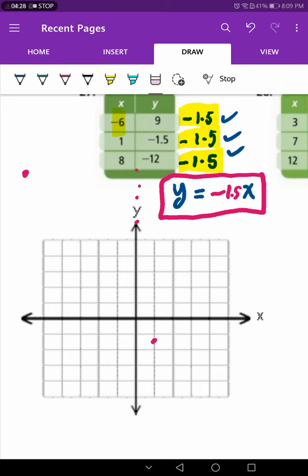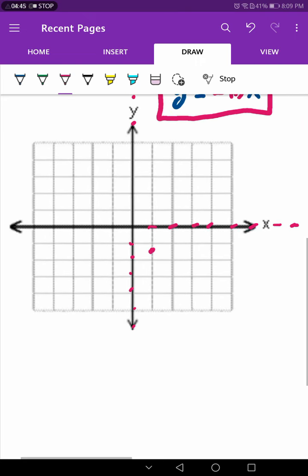The last one, my dear student, is 8 to the right: 1, 2, 3, 4, 5, 6, 7, 8, and negative 12, which is 1, 2, 3, 4, 5, 6, 7, 8, 9, 10, 11. So it will be almost here, and they will meet here.